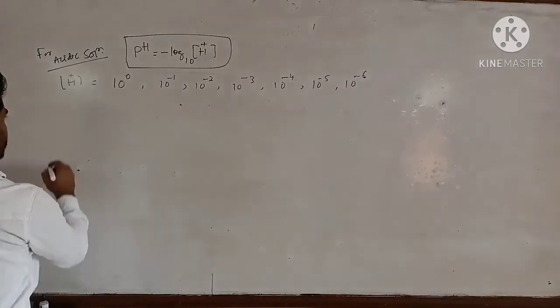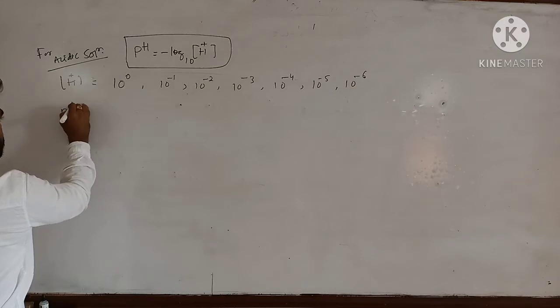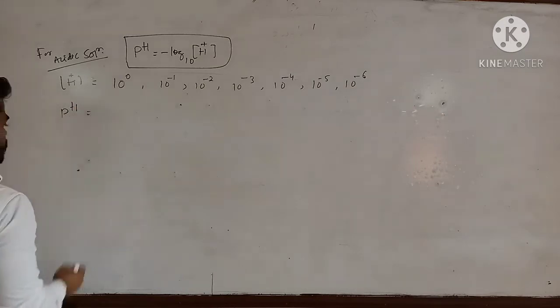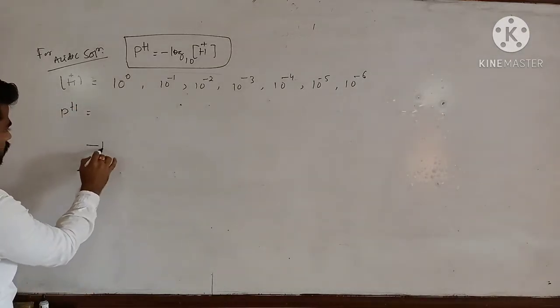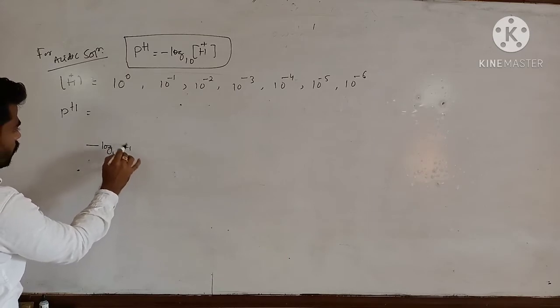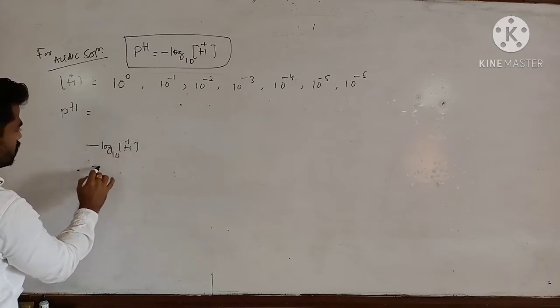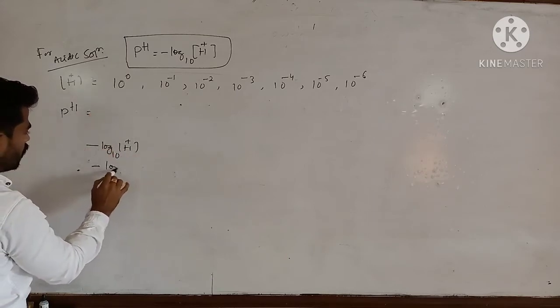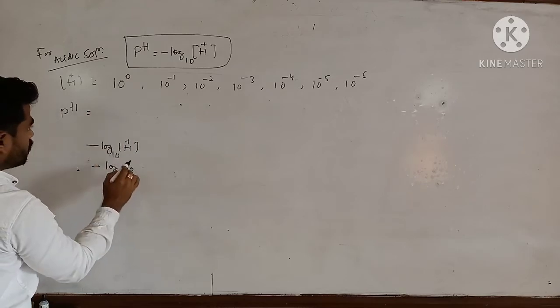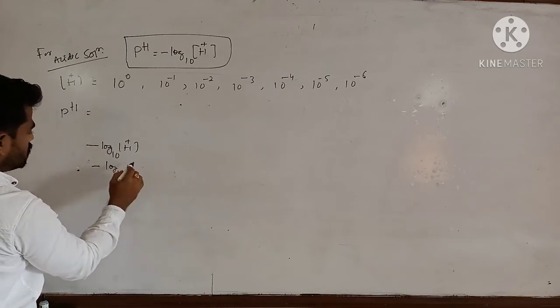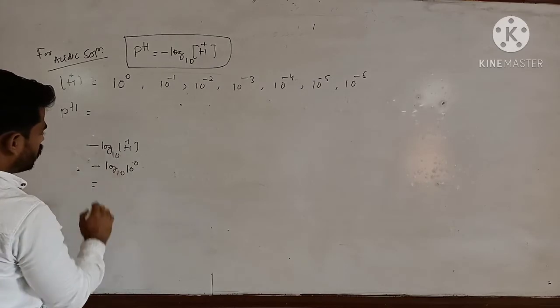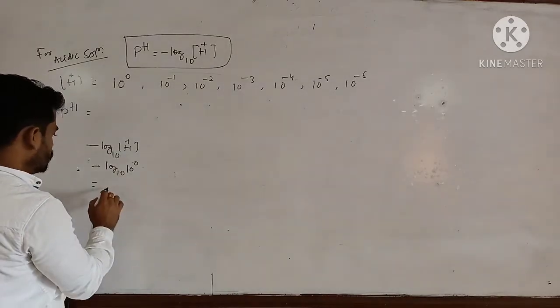And if I need to calculate the value of pH, that should be the negative logarithm of hydrogen ion concentration. So you just substitute all these values, log base 10. 10 to the power 0 gives pH equal to 0.